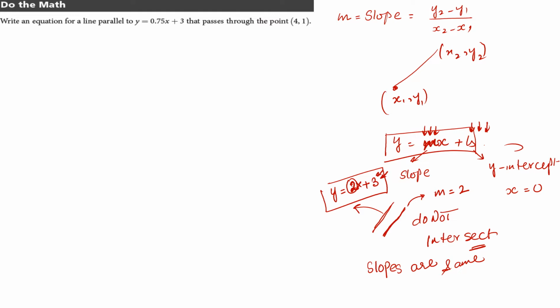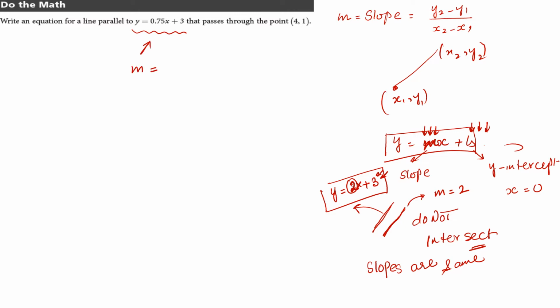Now let's see how we can write the equation of a line parallel to another line. The question is, write an equation of a line parallel to y equals 0.75x plus 3. First of all, look at this equation and tell us what the slope of this line is.